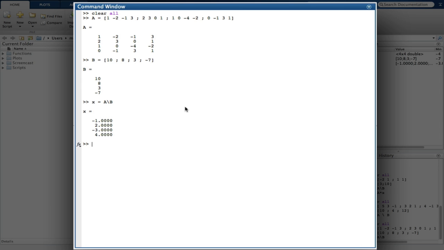You can see the solution for X contains 4 elements corresponding to x1, x2, x3, and x4 in our equations.